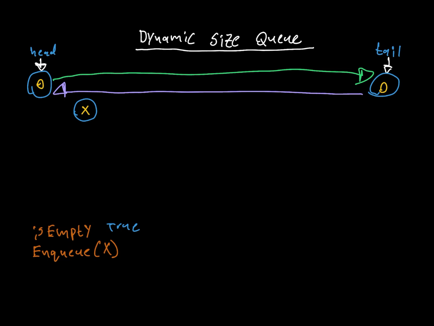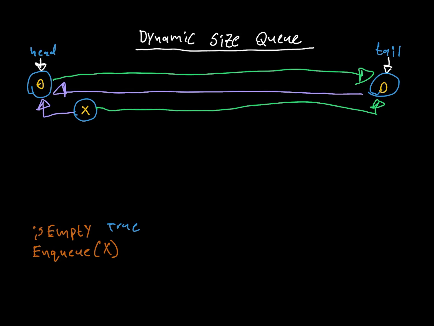So previous is going to point to head. Then we are going to set the next for our new node as tail, right?